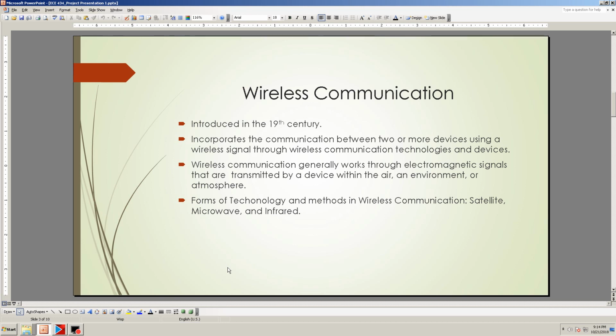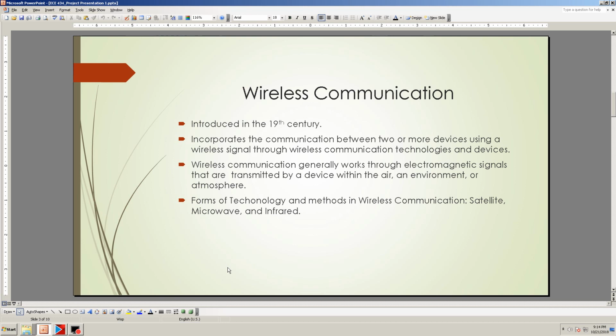The communication occurs when the destination or receiving device, that's the word choice that I'm using, captures these signals, creating a wireless communication bridge between the sender and the receiver device. In today's society, wireless communication technology has evolved with a variety of devices, ranging from smartphones to computers. You also have tablets, laptops, Bluetooth technology, and even printers.